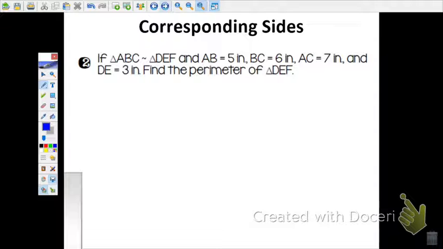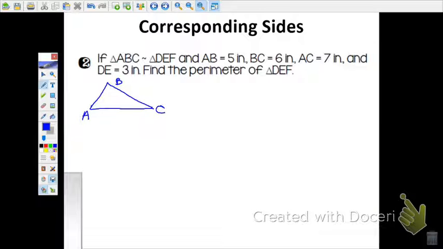Next problem says, if triangle ABC is similar to triangle DEF, and AB is 5, BC is 6, AC is 7, and DE is 3, find the perimeter of triangle DEF. So I am going to draw two triangles.